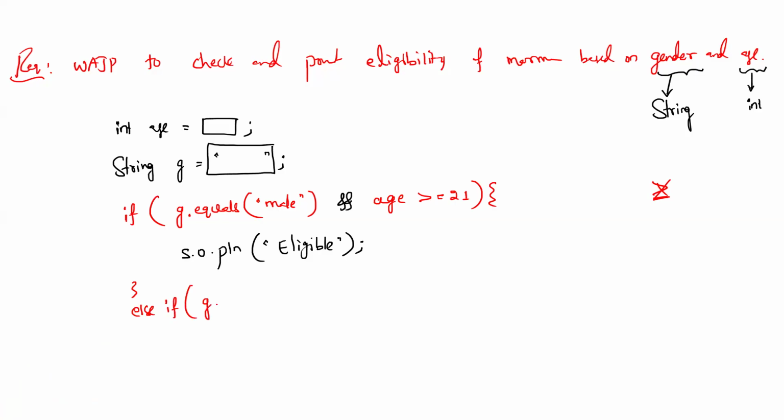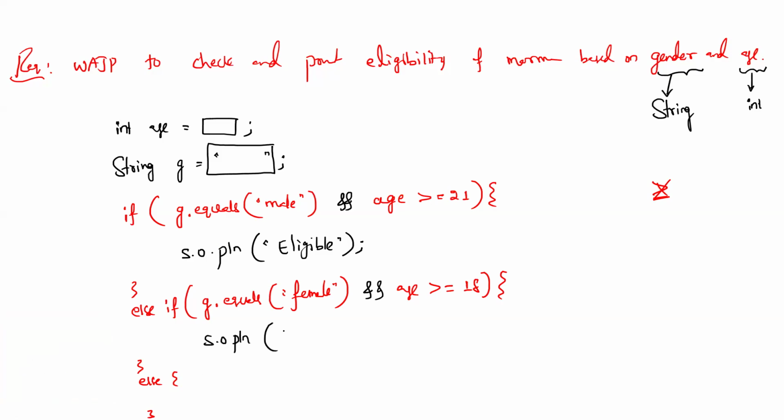Then again, gender equals female, followed by age greater than or equal to 18. For this scenario, the conclusion is true if both are satisfied. Then what do we use? Logical and operator. Then print eligible.